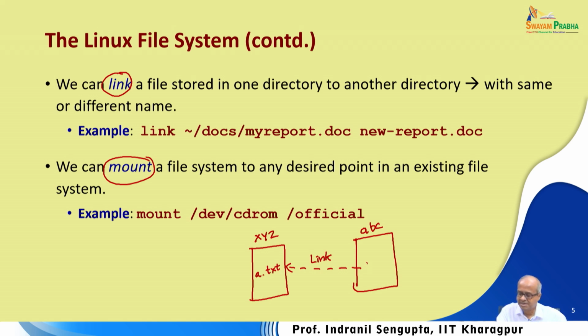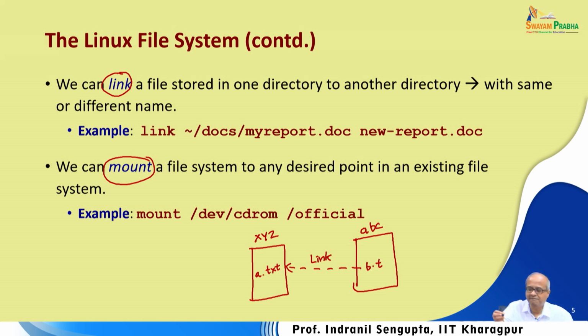I can give, let us say, b.txt. But when I access this b.txt file, it is actually nothing but that same a.txt file. We are not storing any separate thing for b.txt, it is just providing a link that b.txt is actually that a.txt. This is called linking a file.